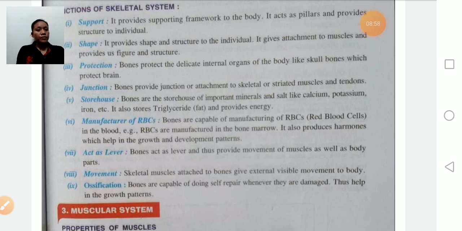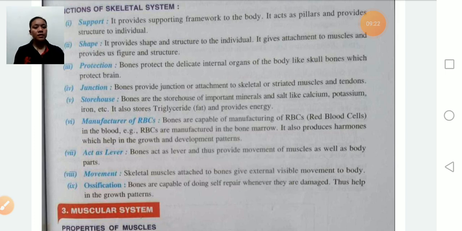like skull bones which protect the brain, and it provides protection to internal organs like the heart, liver, etc. Junction: bones provide junction or attachment to skeletal muscles and tendons.